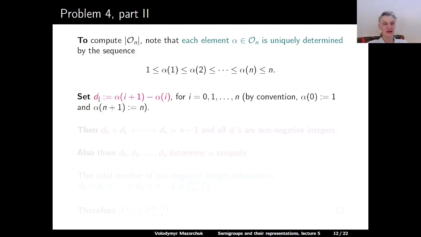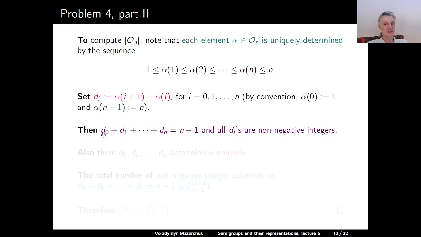Let us define di as a difference between two consecutive elements in this sequence. So di is equal to alpha of i plus 1 minus alpha of i. Here i is between 0 and n, and by convention we define alpha of 0 as 1 as a starting element, and alpha of n plus 1 as n. So we have n plus 1 differences di, so we have d0, d1, and so on, dn.